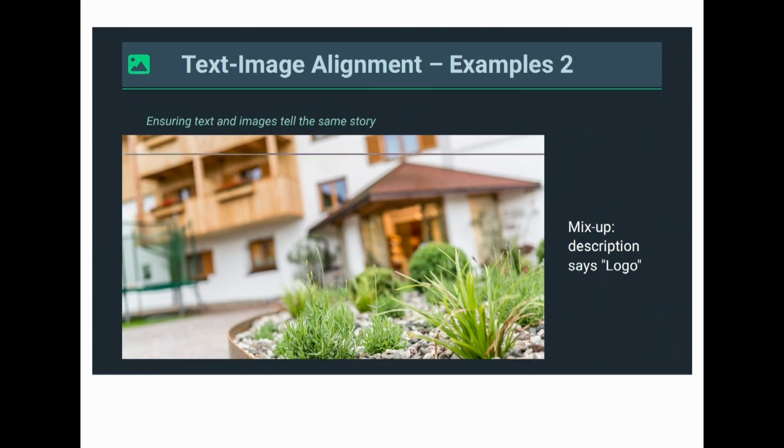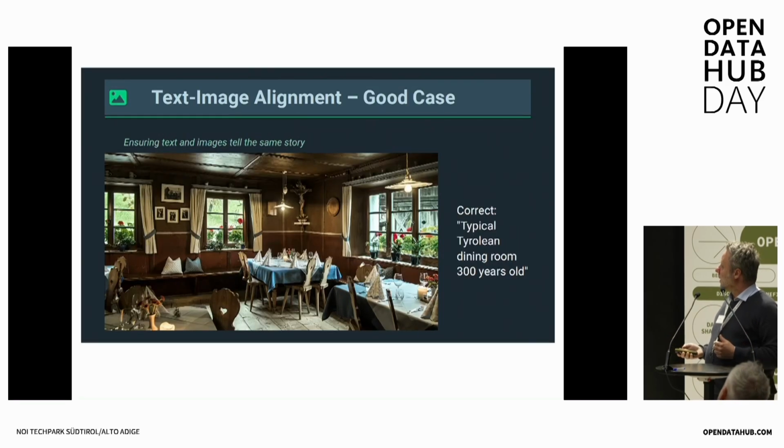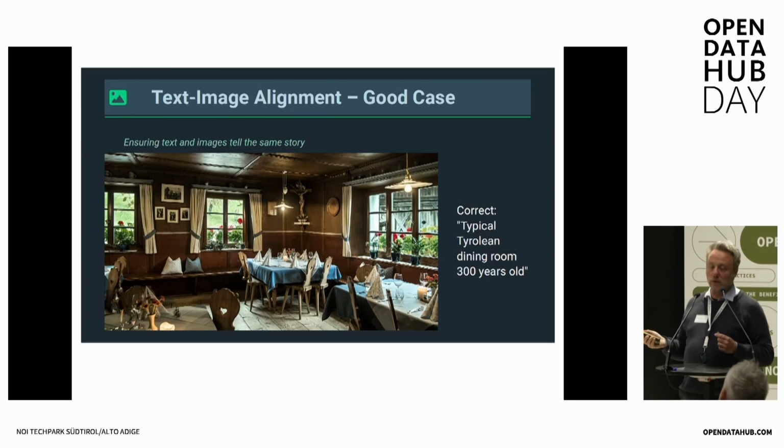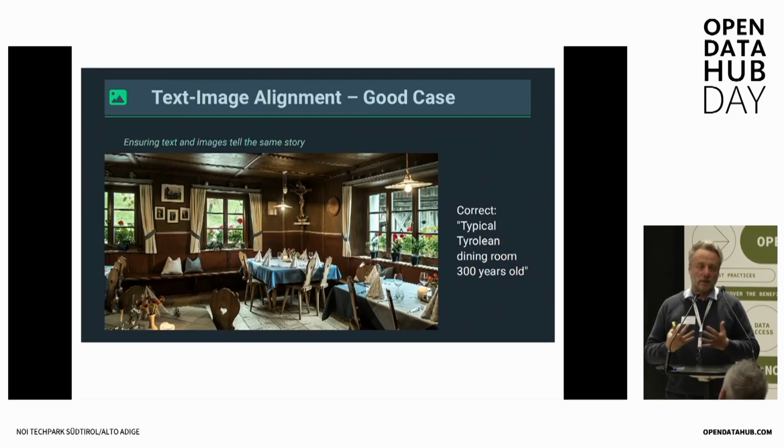And so the idea was to scan more cases and see what the result would be. Another image looks very good in this case. This is a good case, so the picture is very nice and the description is perfect, aligned with the text.